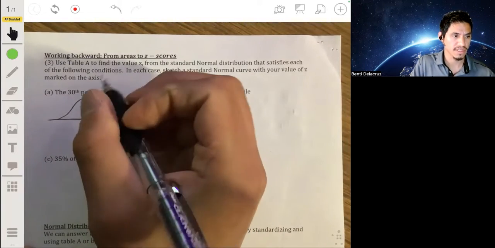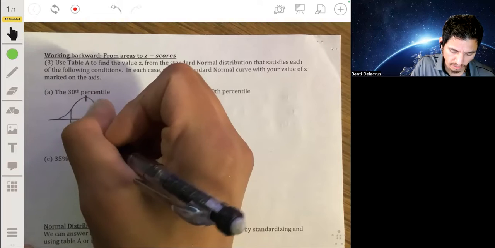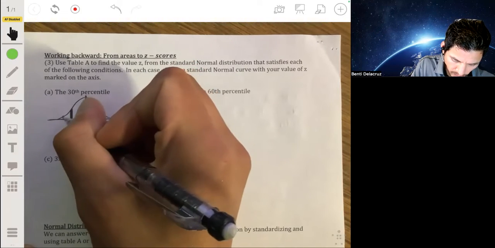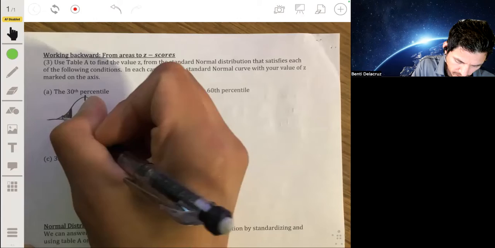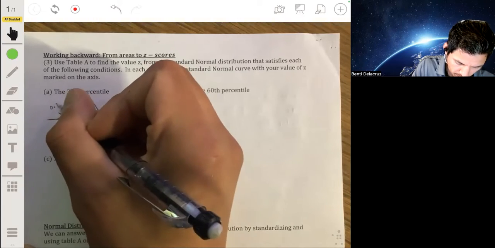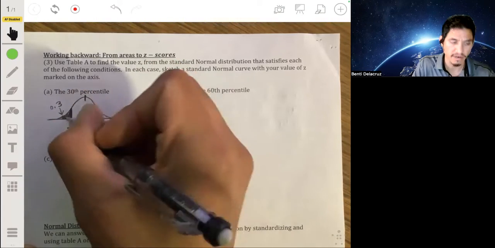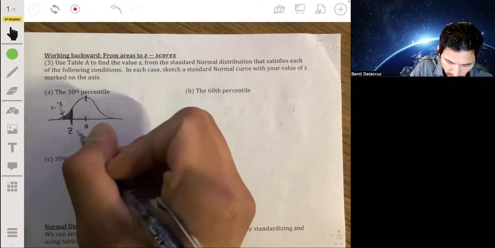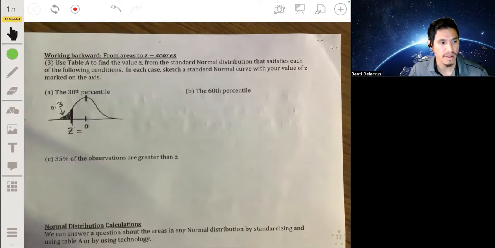And remember, the 30th percentile is essentially the value where there's an area of 0.3 to the left. So this area is 0.3. So we want to figure out, what is the z-value? The z-value equals what?